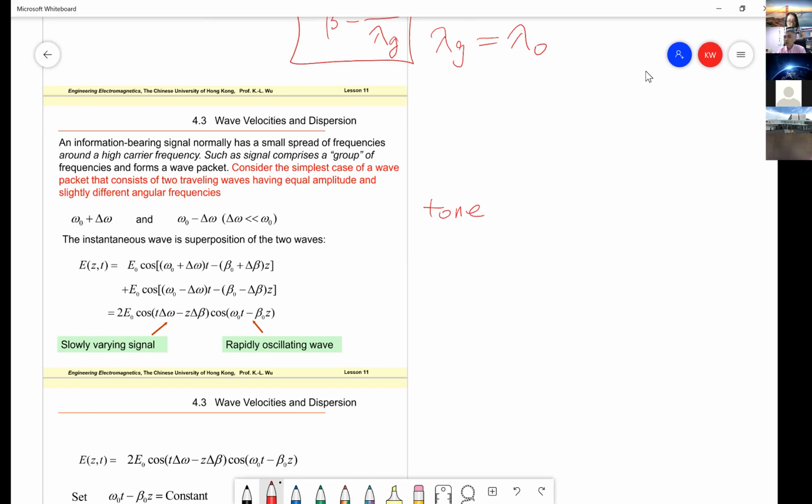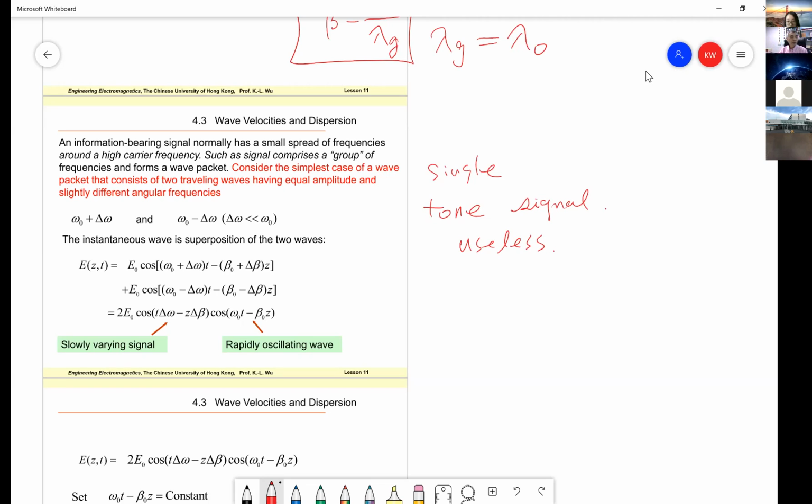A single tone signal is usually useless.